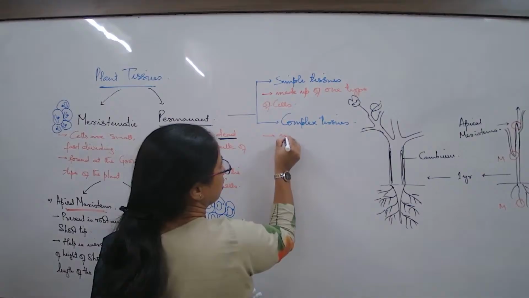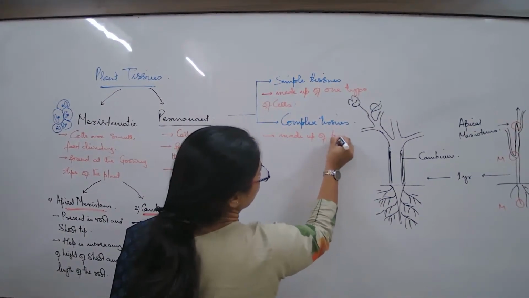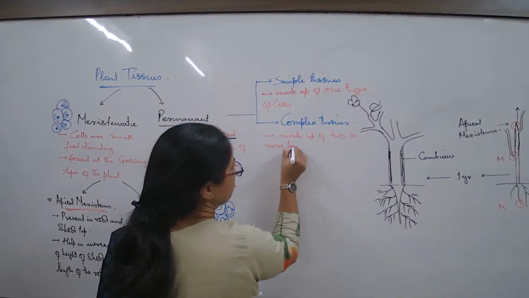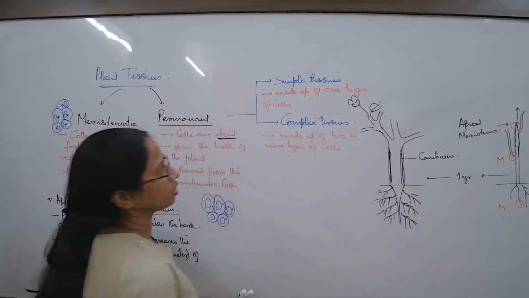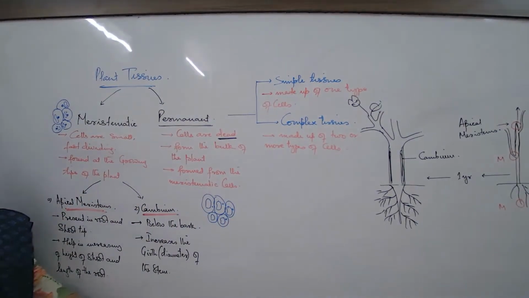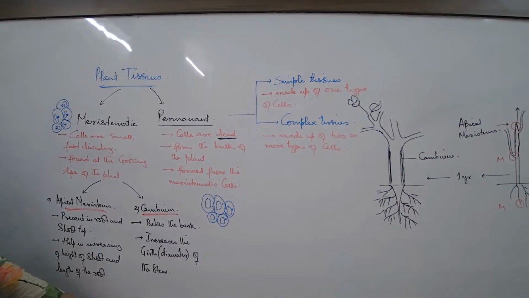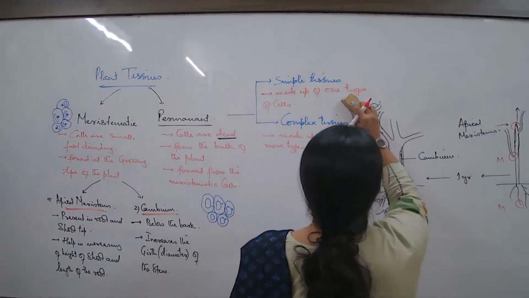Complex permanent tissues are made up of two or more types of cells. So simple permanent is always made up of only one type of cells, and complex permanent will always be made up of two or more types of cells.